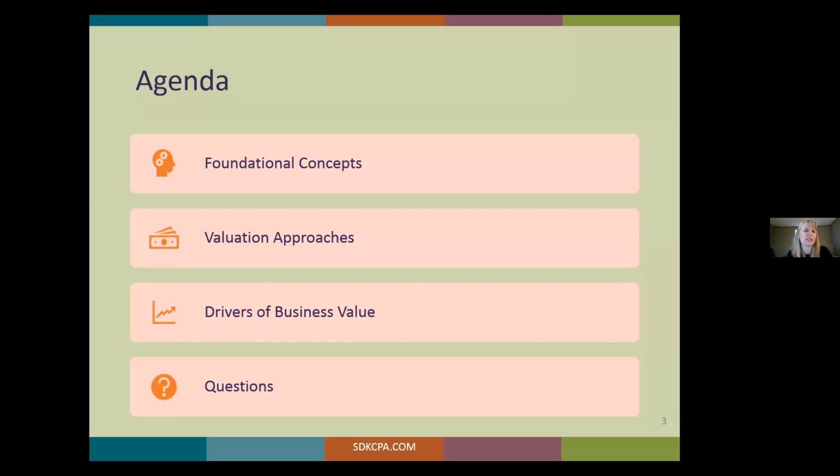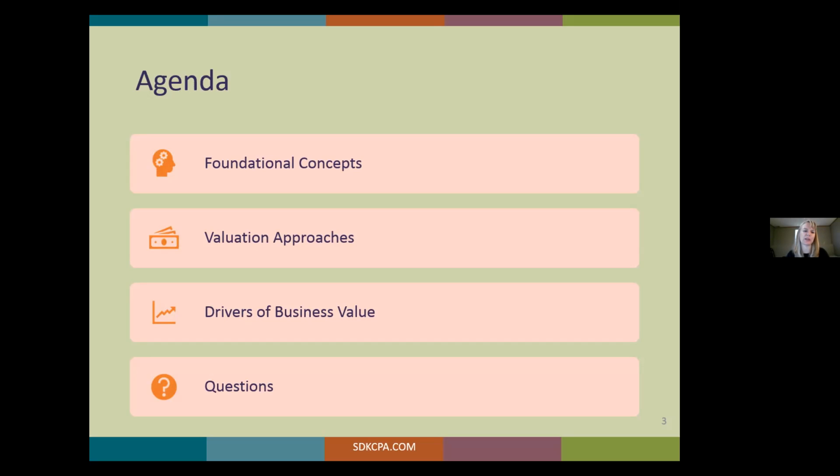And here is our agenda for today. First, we're going to start out with just discussing some business valuation basics, such as why people need business valuations and different standards of values that are used in business valuations. Then I will go into detail on the three different types of valuation approaches there are. There's the income approach, the market approach, and the asset approach, and I'll give simplified examples of both.